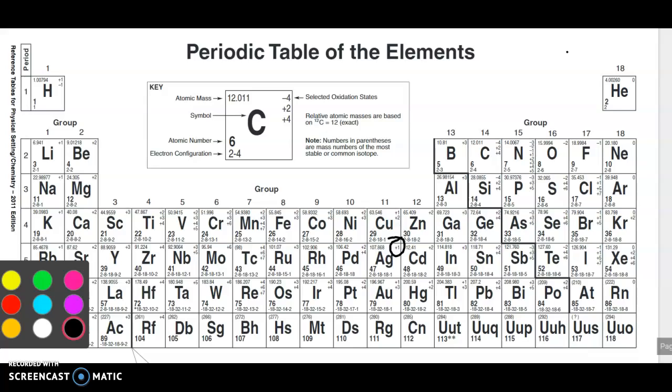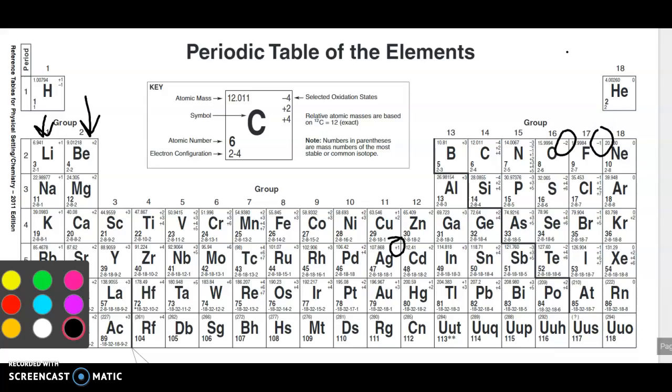And you might have just asked, well, Ms. West, why didn't we just go there first and say, oh, silver has a +1 oxidation state, instead of making it complicated and finding out nitrate overall has a -1 oxidation state. And my response to you would be that, remember from the start I said group 1 elements are always +1, group 2 are always +2, oxygen's always -2, and fluorine's always -1.